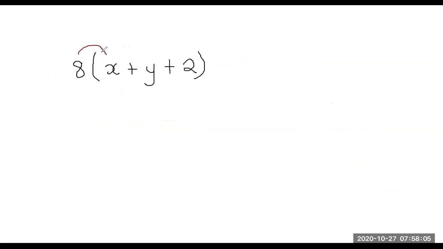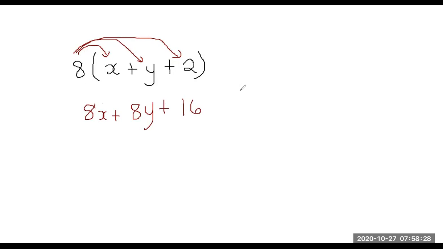I'm going to go ahead and draw my arrows. And since there are 3 terms inside, I have to draw 3 arrows. 8x plus 8 times y is 8y, plus 8 times 2 is 16. And then that's my answer.